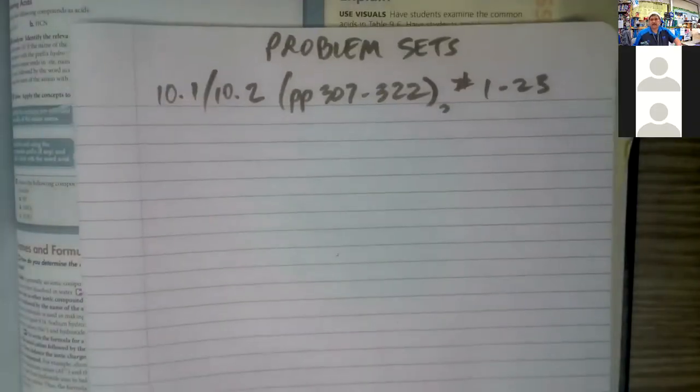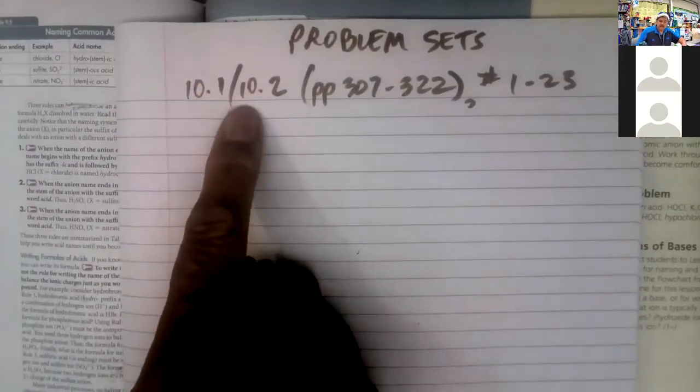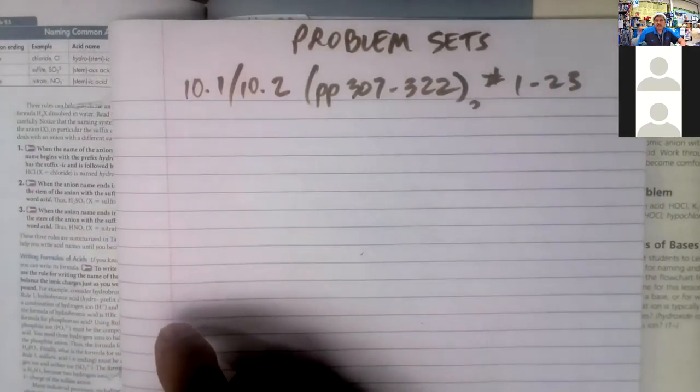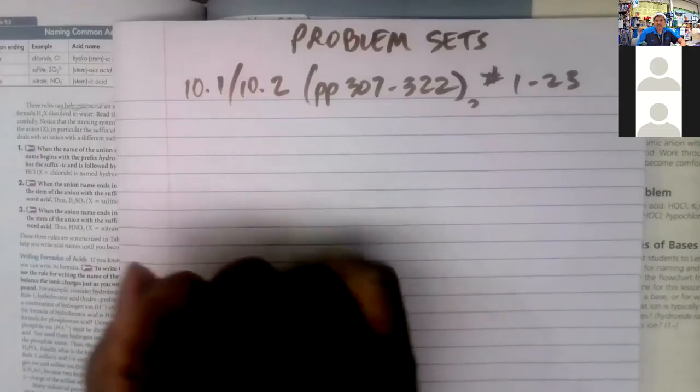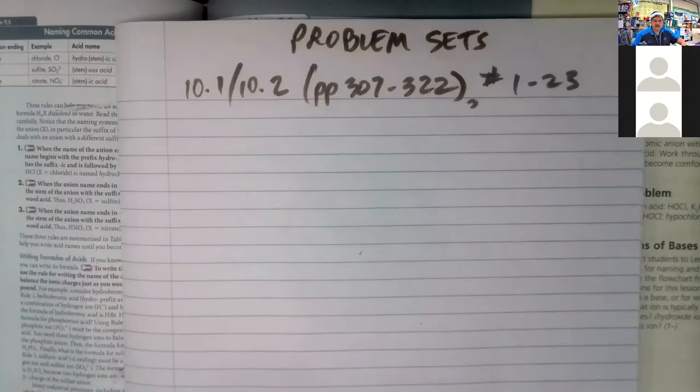And there is the camera. Here's my paper. I wrote problem sets 10.1, 10.2, chapter 10, section 1, chapter 10, section 2, pages 307 to 322, and then numbers 1 to 23. Okay, so let's get started with that.